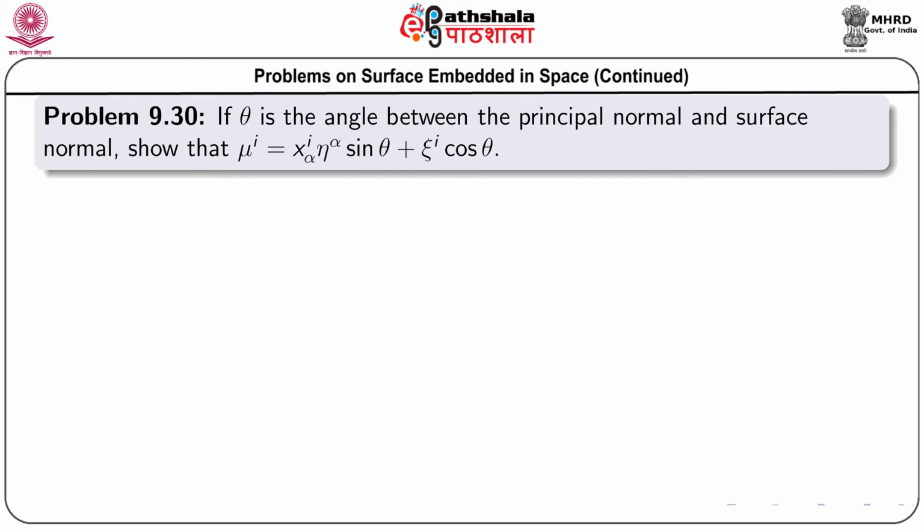So, theta is the angle between the principal normal and surface normal, and eta alpha are the principal normal for the surface one, and mu I is the principal normal for the space, and the xi I are the components of the surface normal. So, we shall see this relation holds.